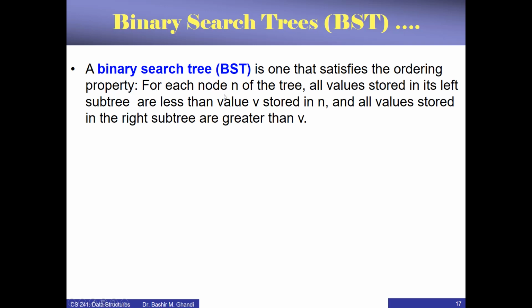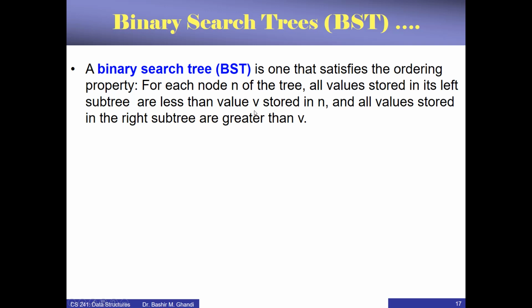for each node n of the tree, all values stored in its left subtree are less than the key stored in node n, the value v stored in node n, and all values stored in its right subtree are greater than the value v that is stored in n.